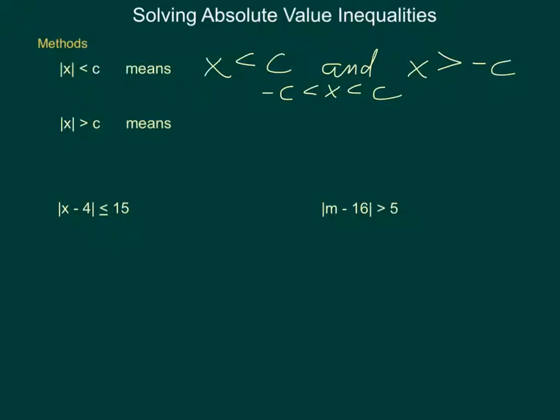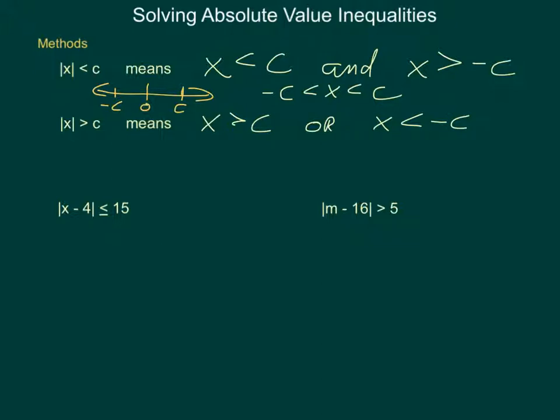So if 0 was in the middle of my number line, I go out to negative c, and I go out to positive c, then I want what is in between those two values, so I'm closer than it. Whereas if I have the absolute value of x is greater than c, what this would mean is that x is greater than c, or x is less than negative c.